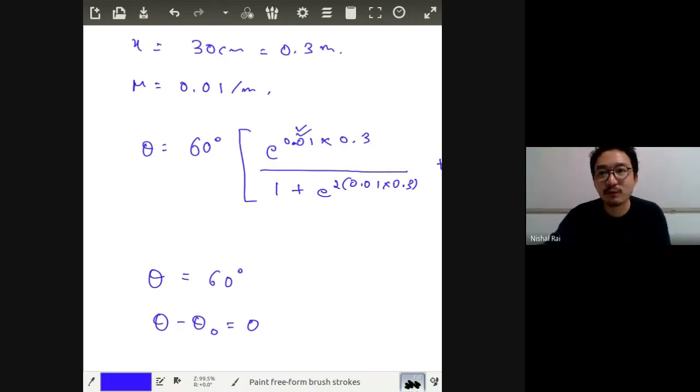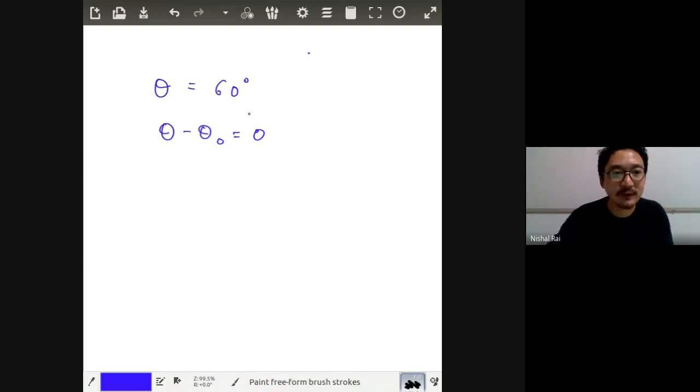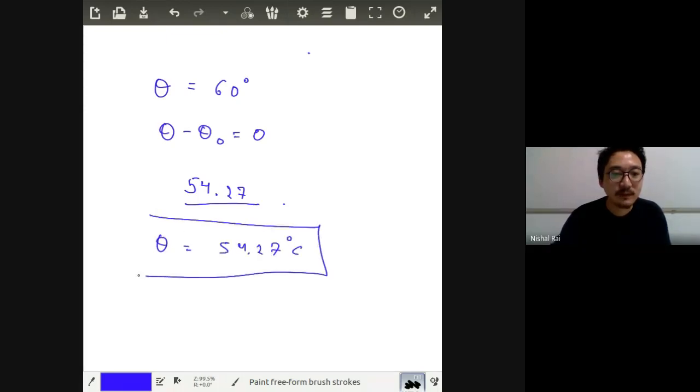If it was around 1, then we'll end up with 54.27. So the temperature over there will be 54.27 degrees Celsius, taking mu equal to 1.